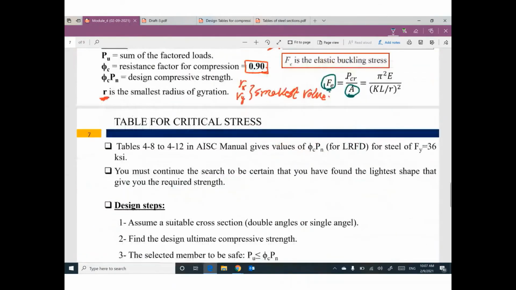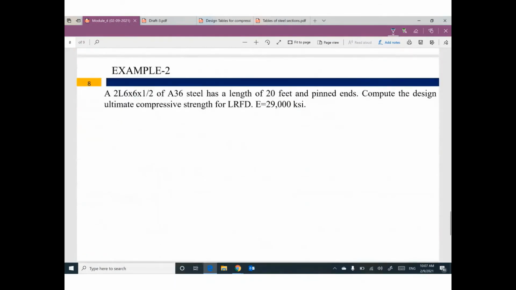Let's do an example. The compression member is very easy. We have two angles 6 by 6 by 1/2 of steel A36, with a length of 20 feet, and pinned ends. Compute the design ultimate compressive strength.